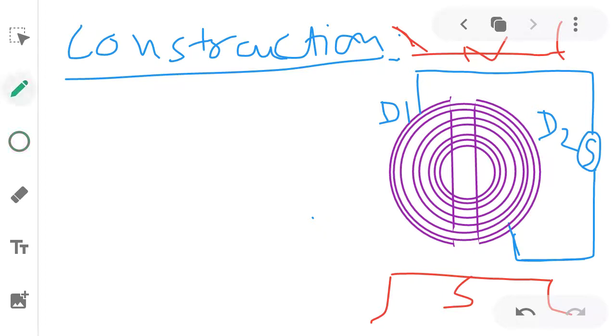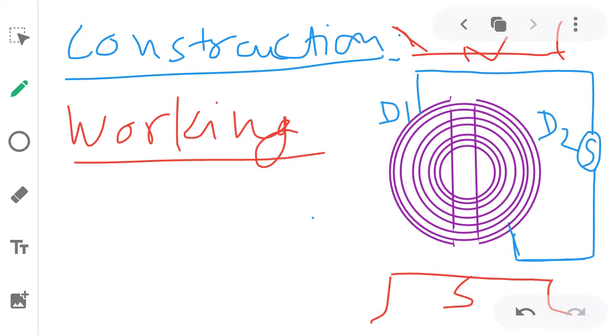We will know about this in the working. So let's read it. How does it work?